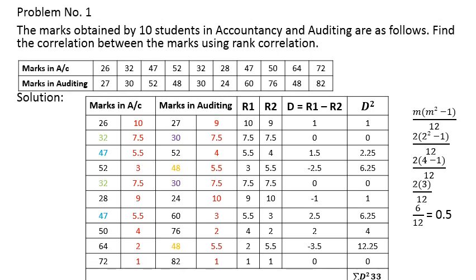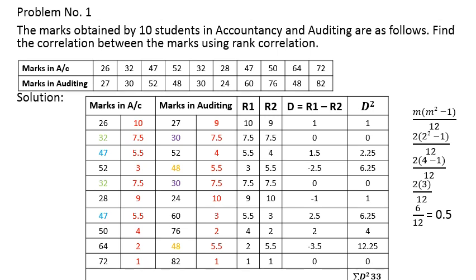So now value 30 that repeated 2 times, then it is 7.5. Next is 27. Value 27 you assign 9th rank. You have to add 0.5 as average of rank, so it is 9th rank. Next highest is 24, 10th rank.